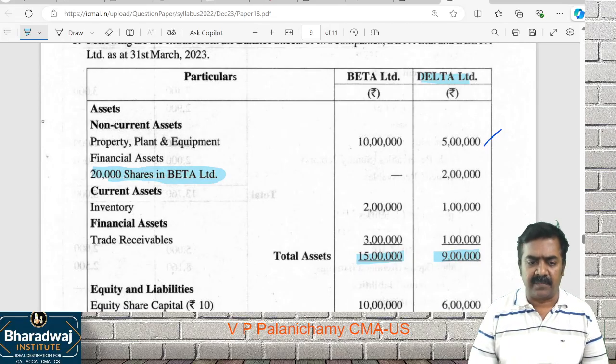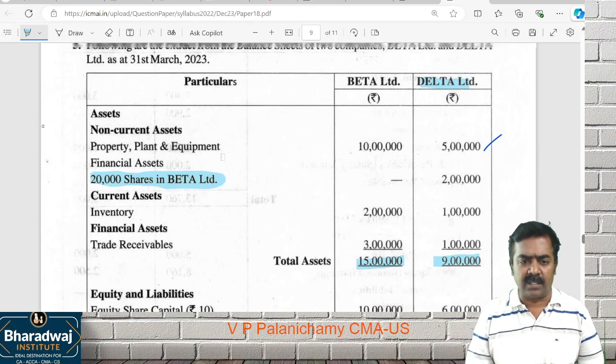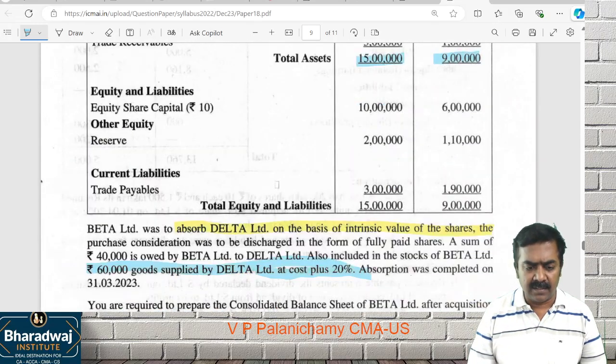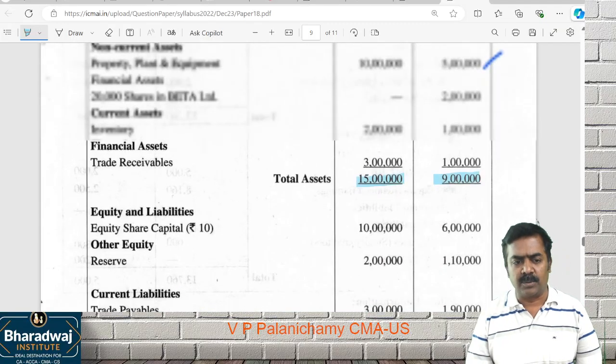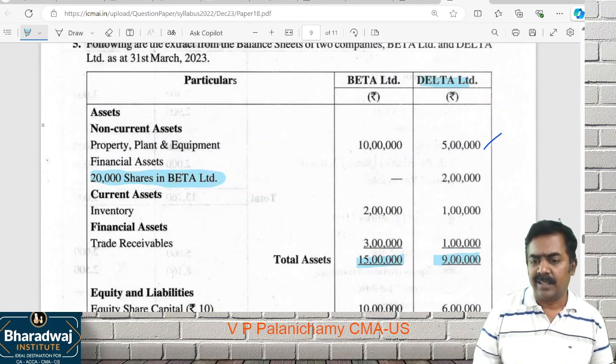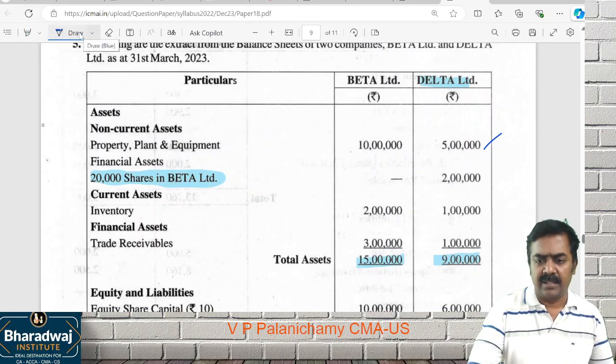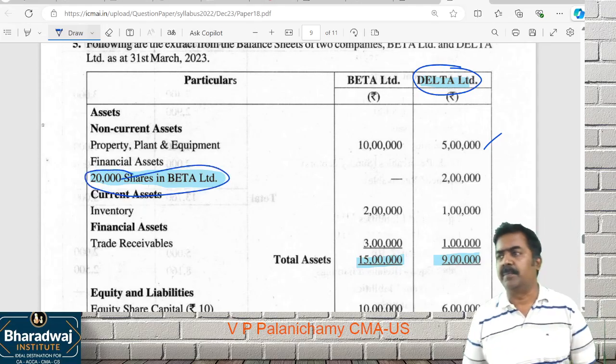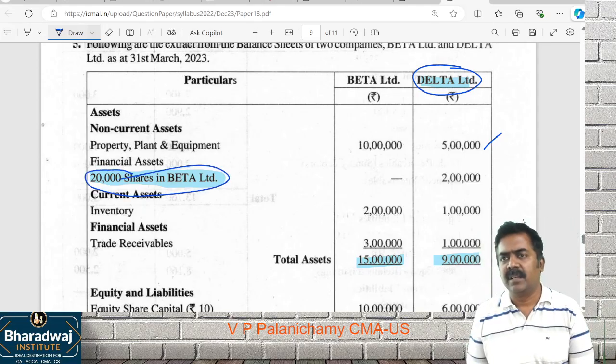Beta Limited was to absorb Delta Limited, so the selling company, Delta, is holding some shares in Beta Limited.